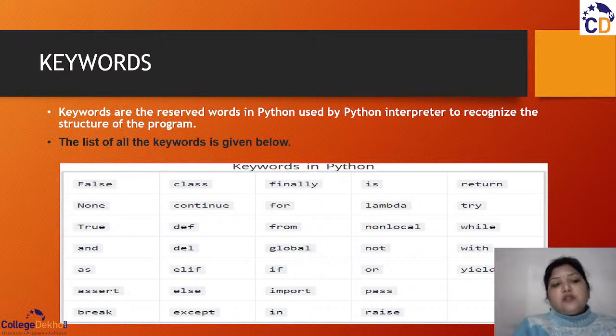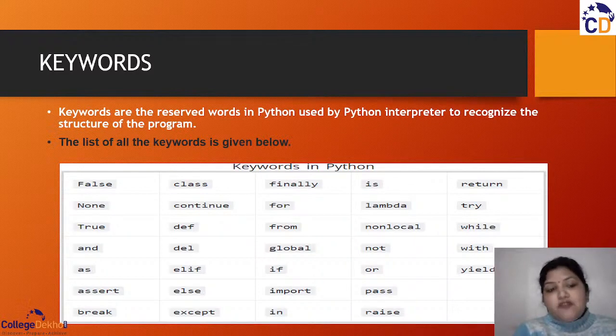Suppose false, you cannot define it as a variable name. Finally, you cannot define it as a variable name. These are keywords like for, if, print, input. These are already defined in the Python library, right? You cannot use these keywords as a variable name, right?